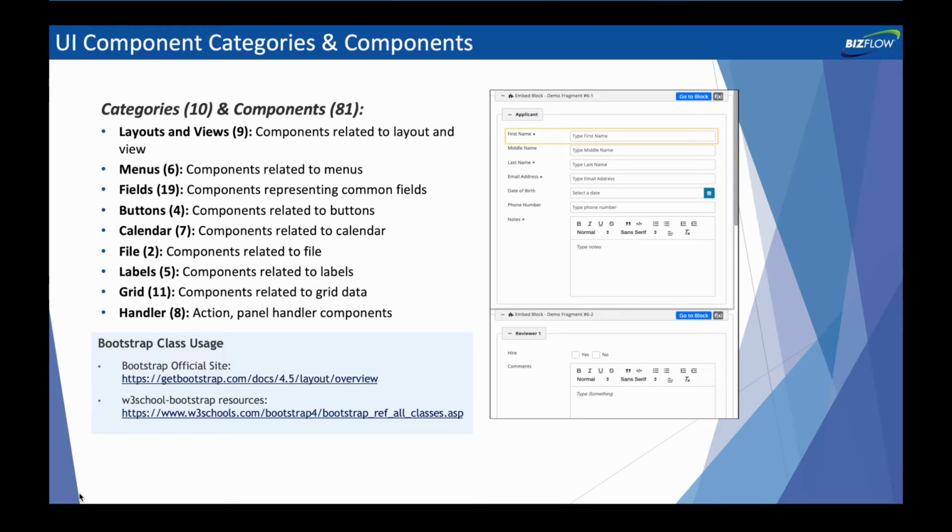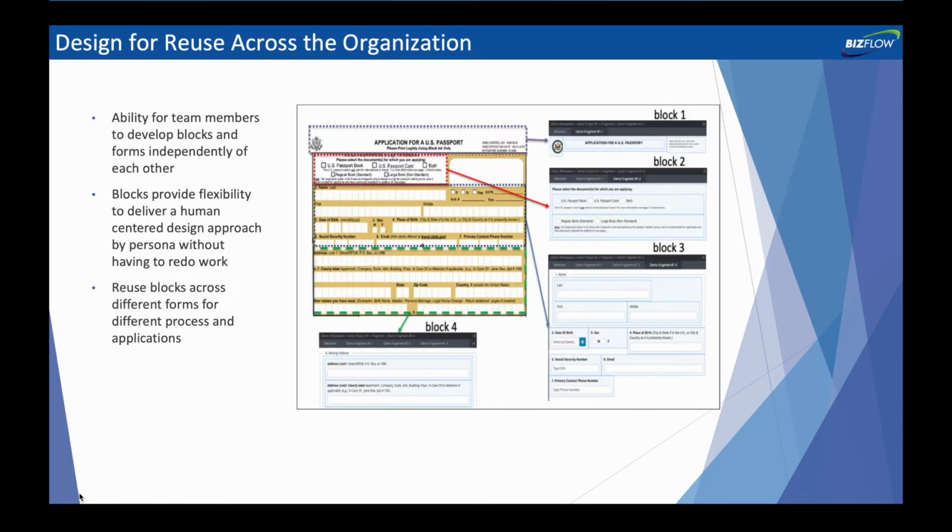In addition, rather than having to learn a new or even proprietary coding language, common languages and libraries are used whenever possible, such as JavaScript, SQL, and jQuery. As previously mentioned, forms are made up of many individual blocks.